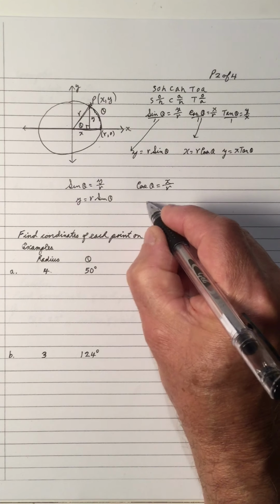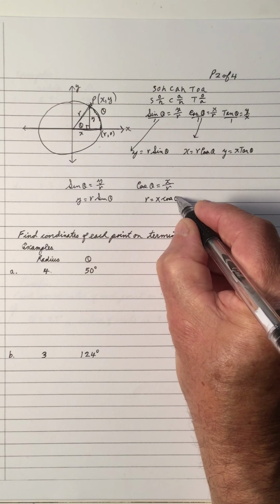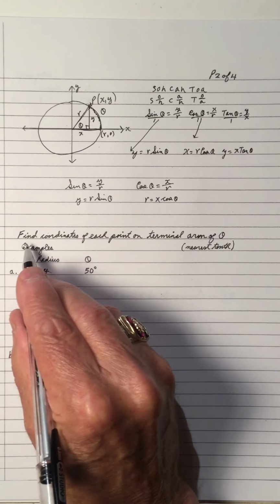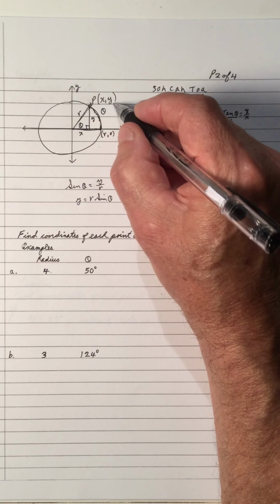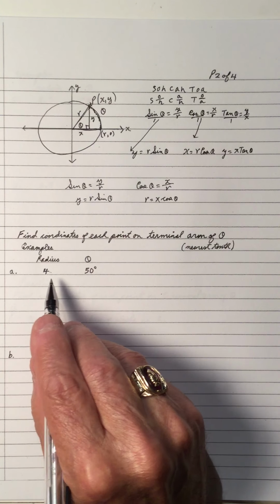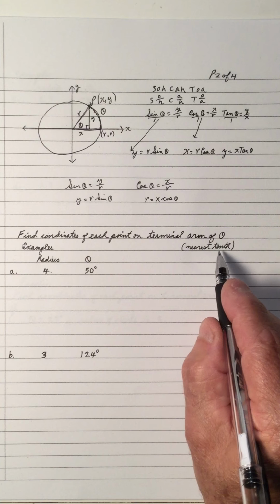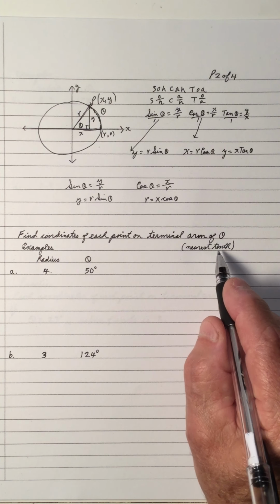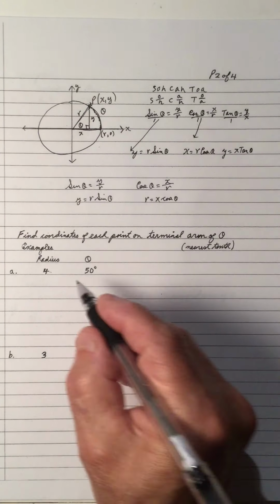Cos is x over r, so x equals r cos theta. So I'm going to use these two to work out the coordinates of a point, because the coordinates of a point is x and y. So find the coordinates of each point on the terminal arm of theta to the nearest tenth. So we're going to find the length to the nearest tenth. We could say to the nearest unit.